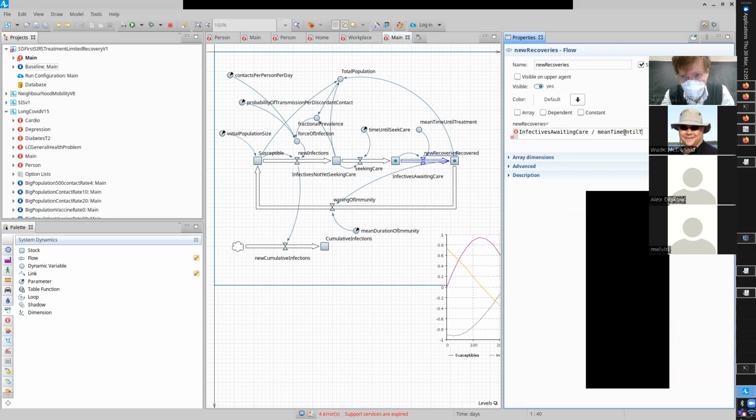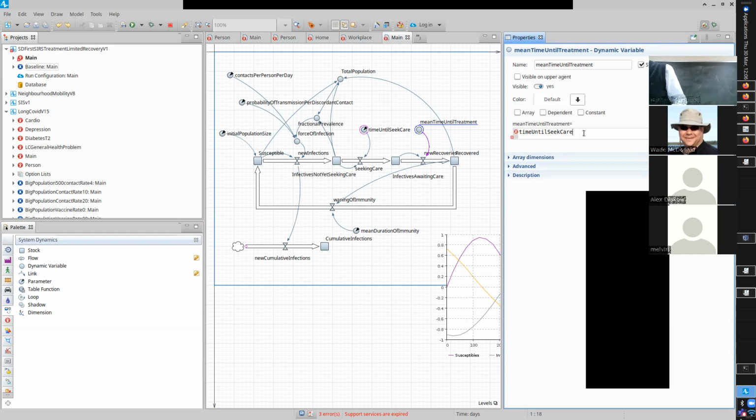I'll pass this to you in just a minute because I kind of moved things around a bit. Now, mean time until treatment will no longer be time until seeking care. We're going to have a formula for this, and I want to walk you through the reasoning here. This is where some of the dimensional analysis comes in.